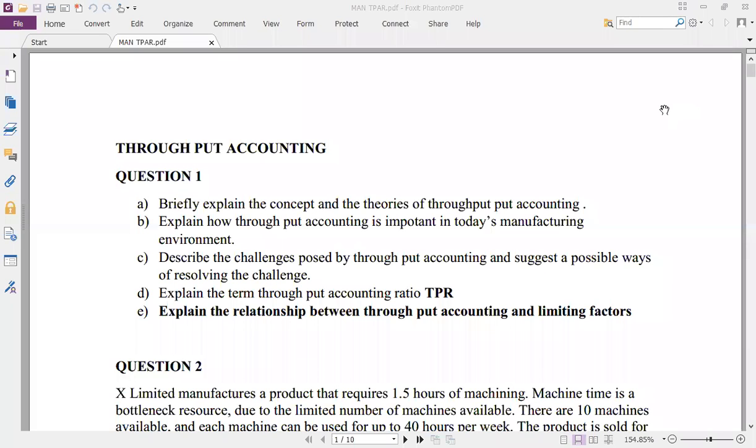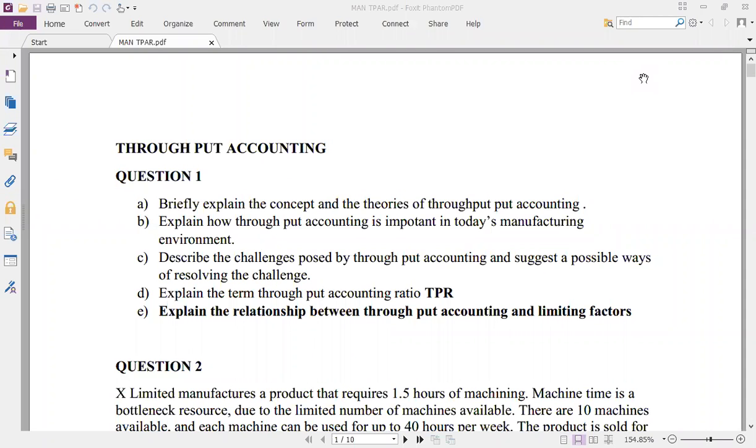First, to solve question 3 of throughput accounting and start activity-based costing. So now let's go straight and look at question number 3 for throughput accounting.